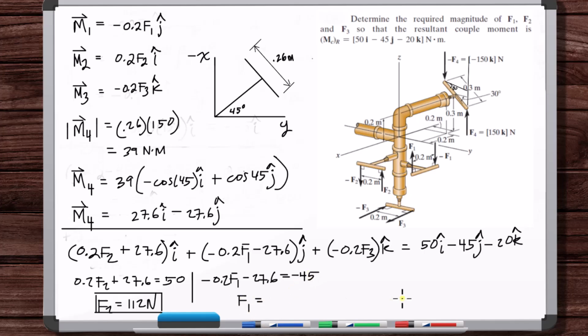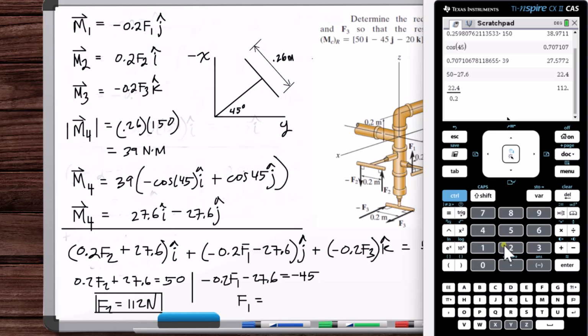F1 is equal to minus 45 plus 27.6, divided by minus 0.2, which is 87 newtons.